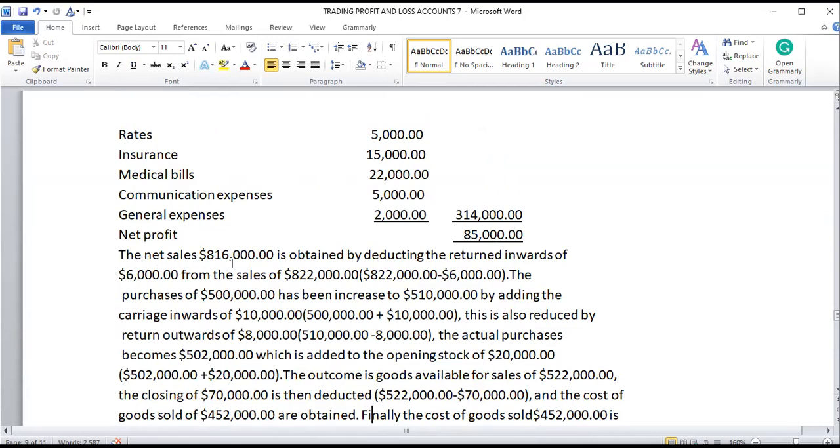The net sales of $816,000 is obtained by deducting the return invoice of $6,000 from the sales of $822,000. As I explained, the sales $822,000 minus the return $6,000. The return was $6,000, so that we arrive at what? $816,000.